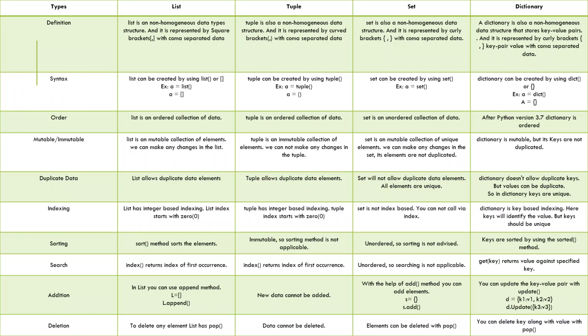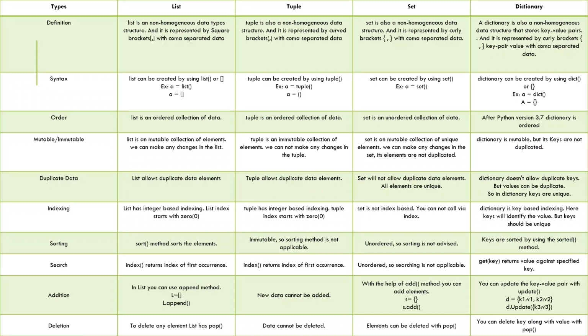Now sorting. In the sorting method, list and dictionary you can sort. For the list you can sort with the help of the sort method, but here the odd man out is tuple and set. Why tuple? Tuple is an immutable collection of elements, so you cannot change the position.